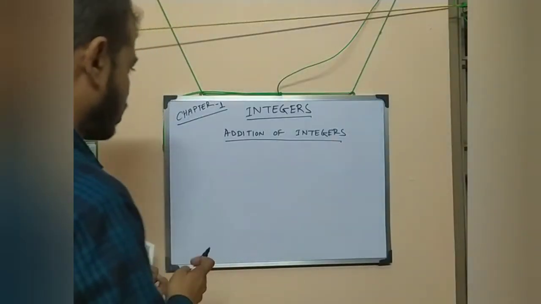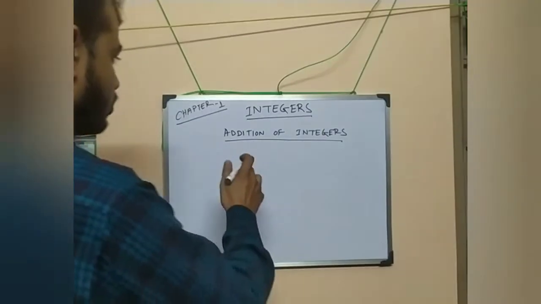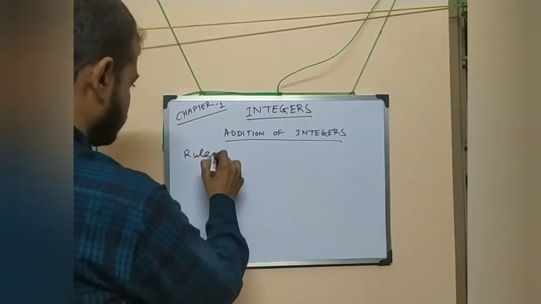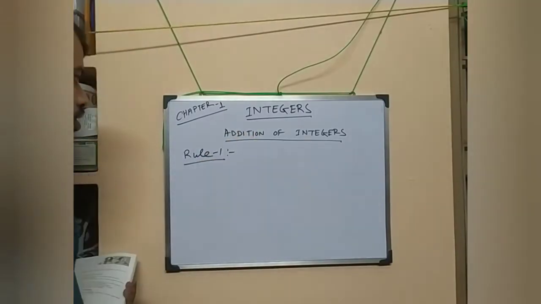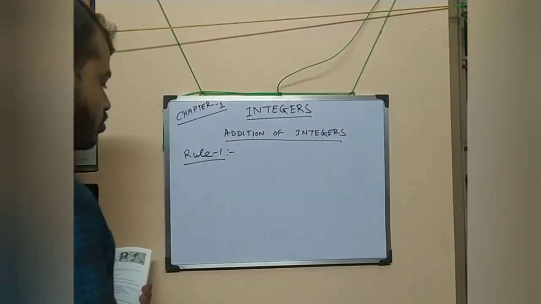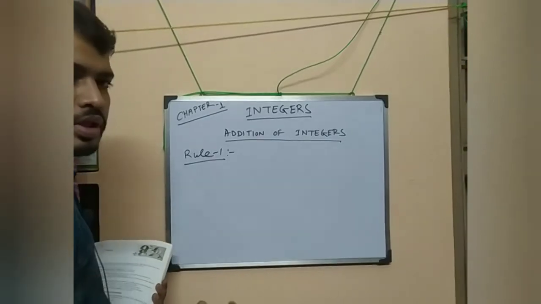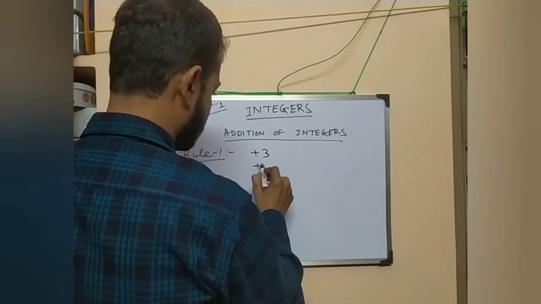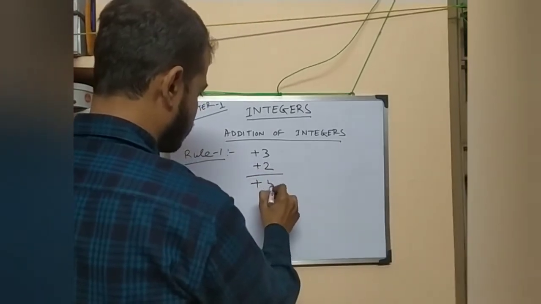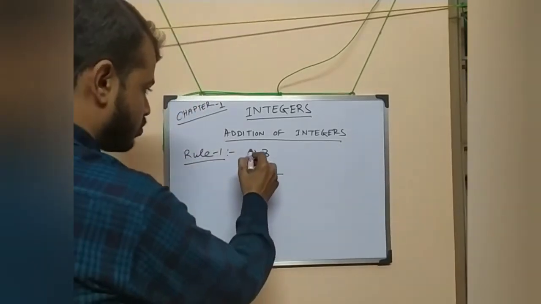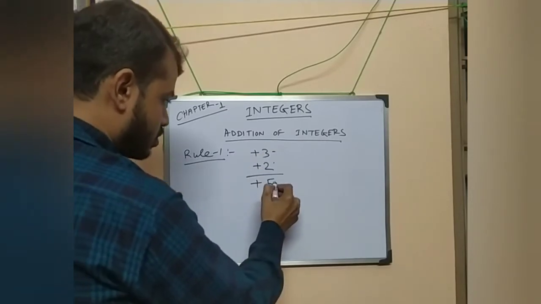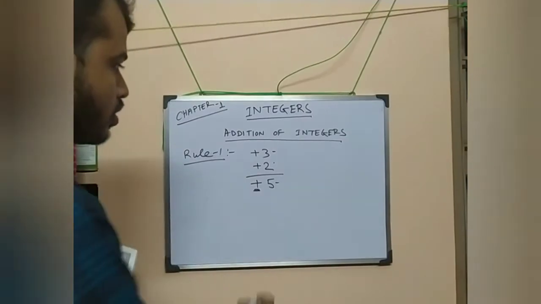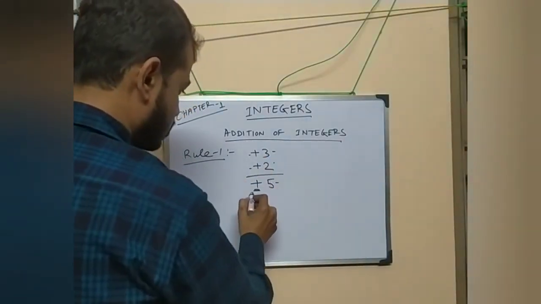Now we learn some properties of integers. Addition of integers. Rule 1. If we add two positive or two negative integers, that means if we add 3 plus 2, then we have 5. There are two positive integers, hence the sum also has the same sign, positive.